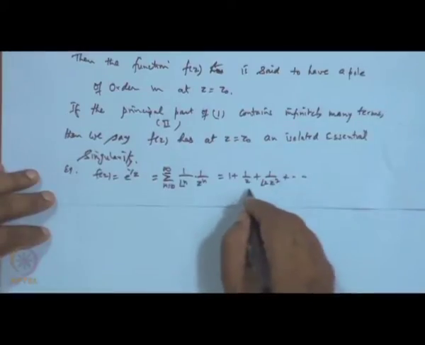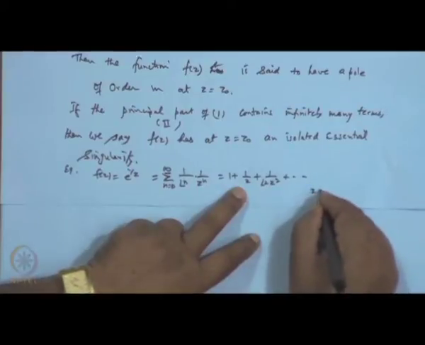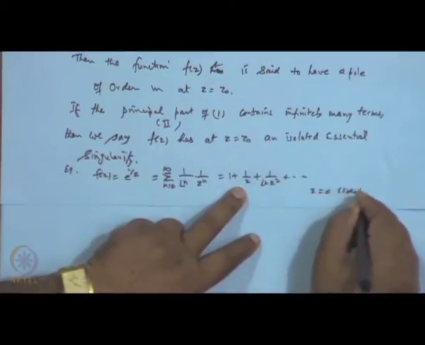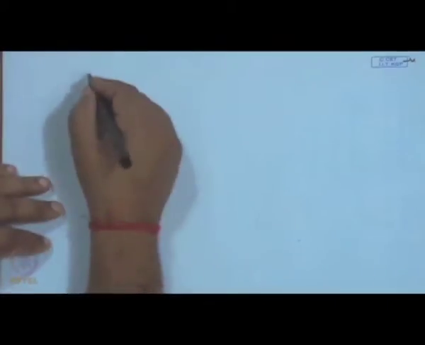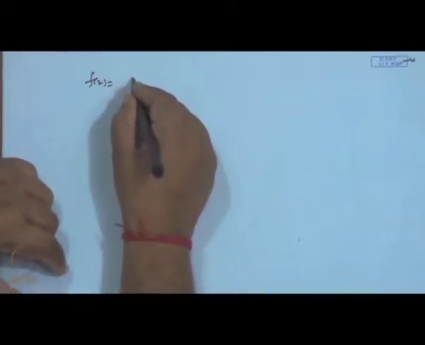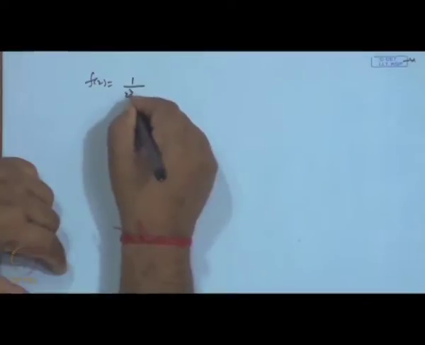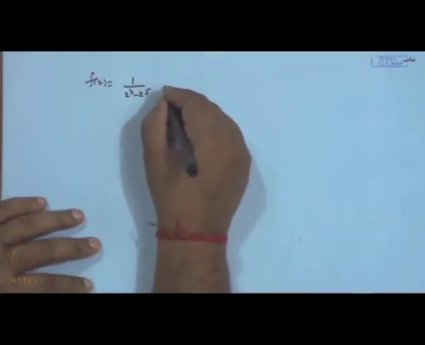So, the negative part contains infinitely many terms. So, z equal to 0 is an essential singular point for this. Similarly, when we take sin 1 by z, we get similar terms. If we take the function f(z), say 1 by (z cube minus z^5), then in that case it is equal to what?